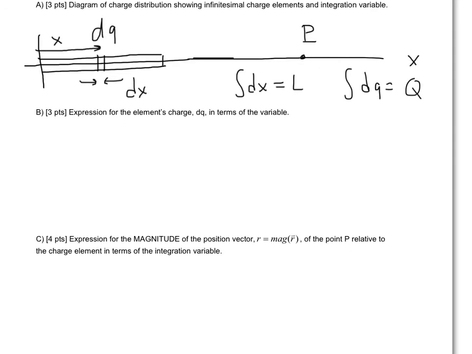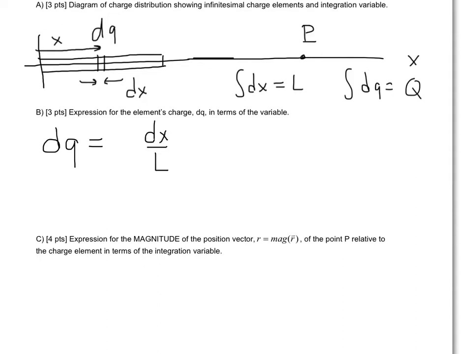Now I need an expression for the element's charge dq in terms of the variable. The element's charge is dq. Now because this is a small piece of length dx, it is a fraction which is dx over L of the total rod, right?